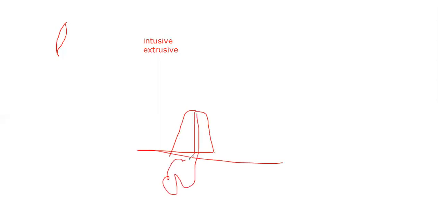So remember when you're drawing the volcano, pretend that a vent is here, and then you have the magma chamber down here, right? So every single volcano has a magma chamber, right?